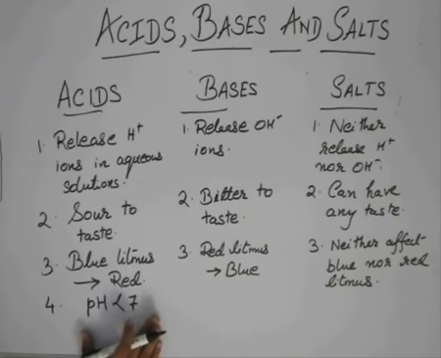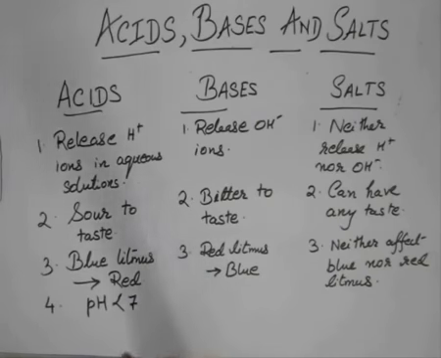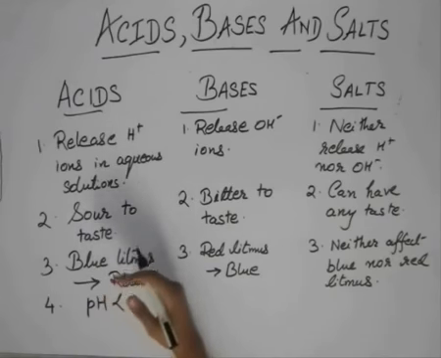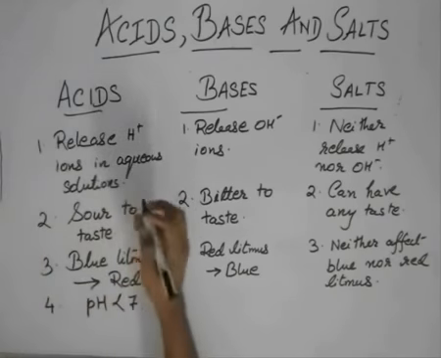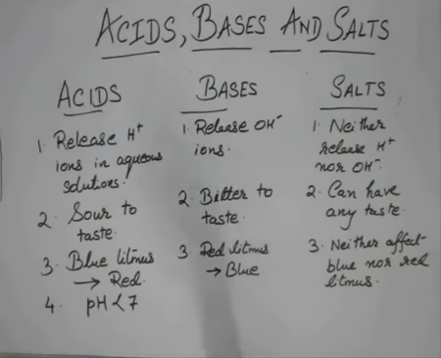We'll speak of pH in more detail afterwards, but just for now you need to know this. You might have also done tests in your lab where you have to dip a pH paper, and if it is an acid, it will give a color, and you have a color chart over here, and then they say that this color corresponds to pH 7 or this color corresponds to pH 8. So that is that pH.